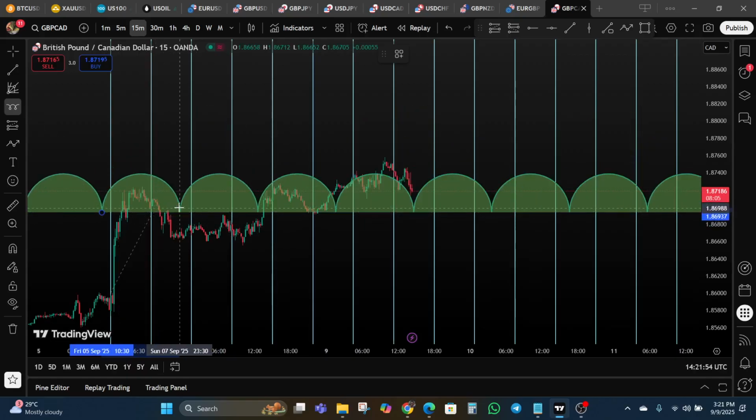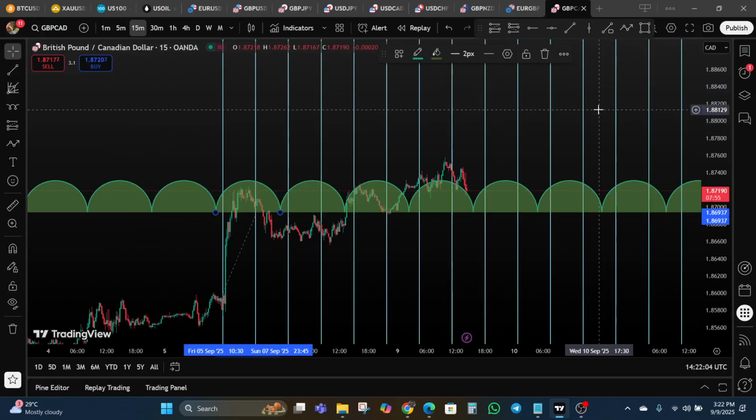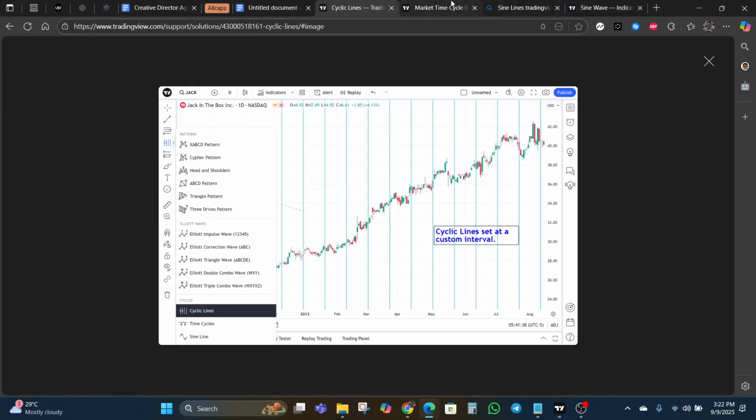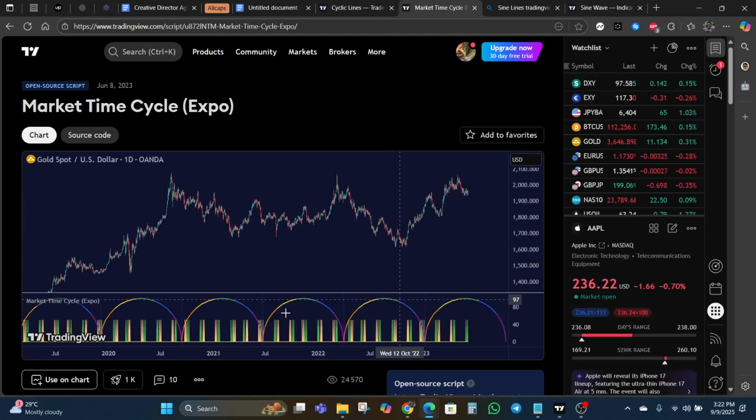By analyzing past cycles, traders can estimate when the market might experience similar behavior in the future. So time cycles are especially useful for spotting trend reversals or continuation points. When combined with support and resistance levels or other technical indicators, time cycles help refine trade timing and improve decision making. All right. So that is for time cycles.